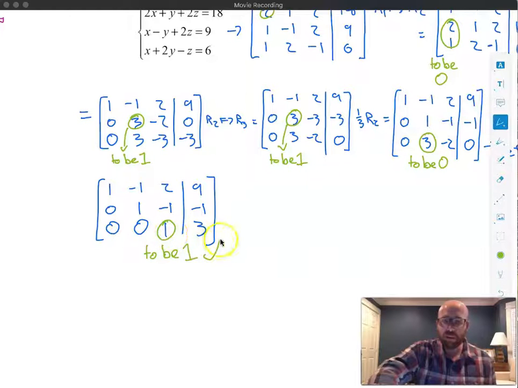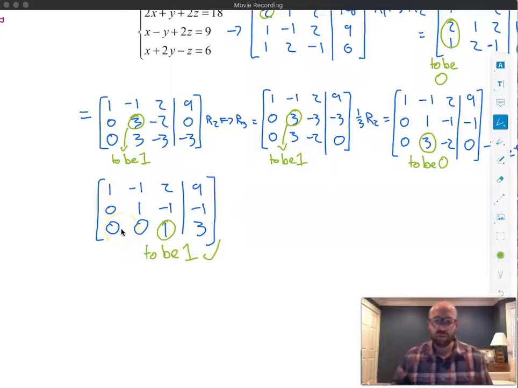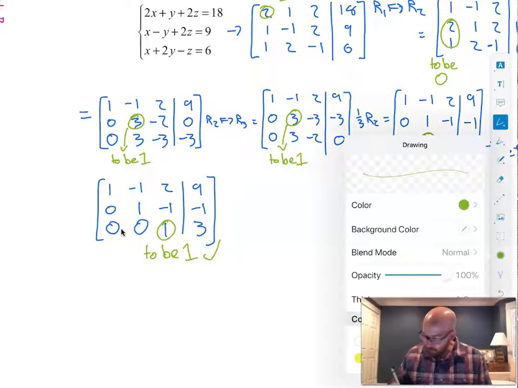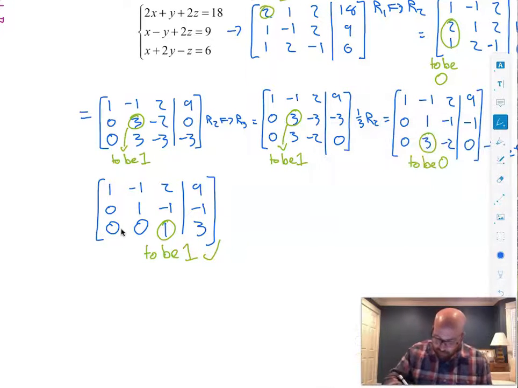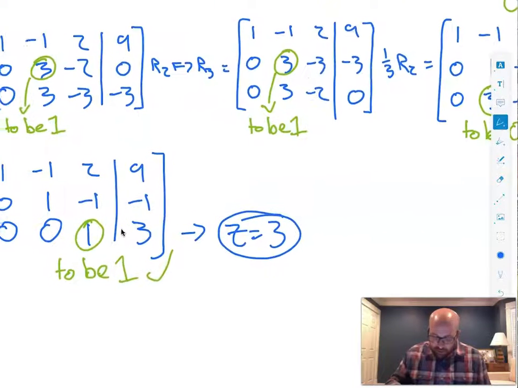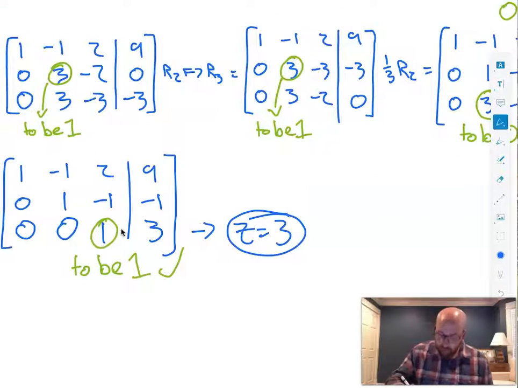We would need to multiply this entire row by something so that we get 1 right there. But since it's 1 already, this is where we can start making some implications. The first implication that we can say is this, that z is equal to 3.